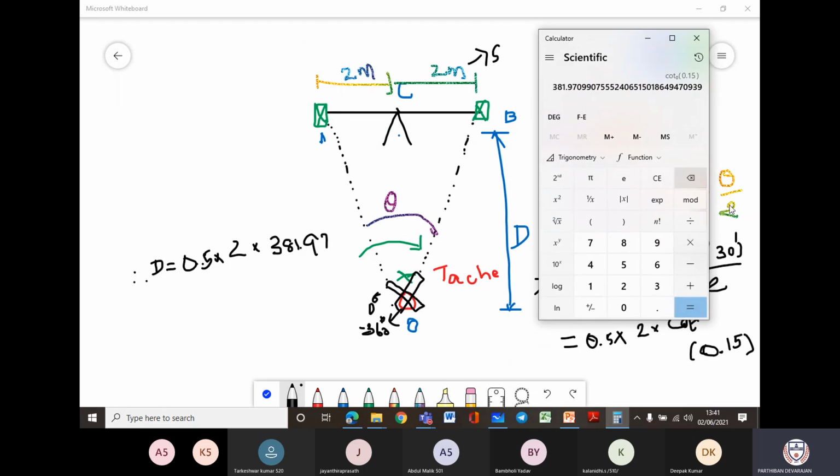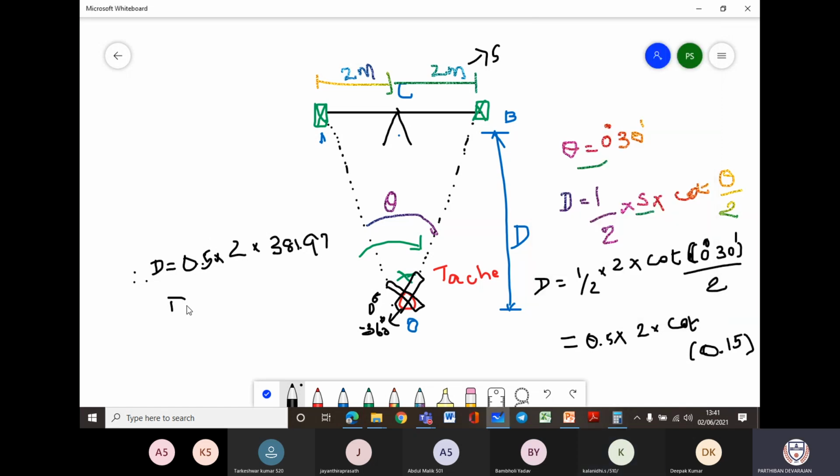Substitute 381.97 into 2 into 0.5, which gives you the distance equal to 381.97 meter.